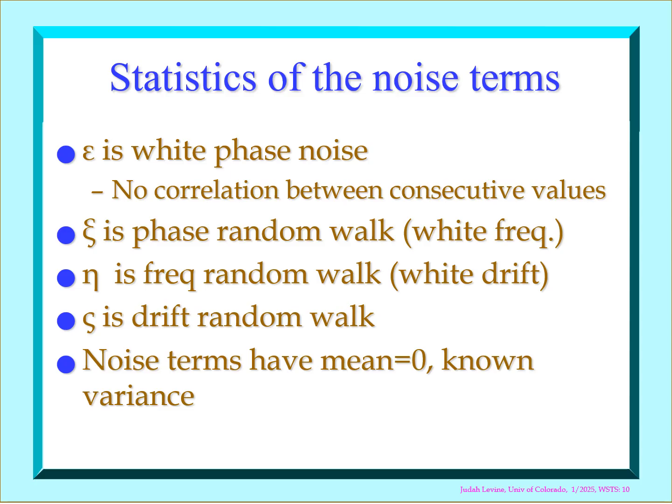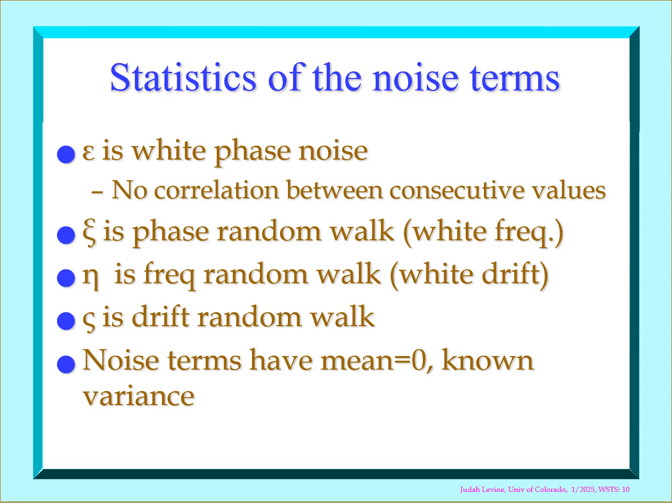But the other noise processes, because they're integrals, if they're white noises, they integrate to random walks, so that the noise in the three terms, because they're in the evolutionary equations, introduce a random walk in phase, a random walk in frequency, and a random walk in rate.